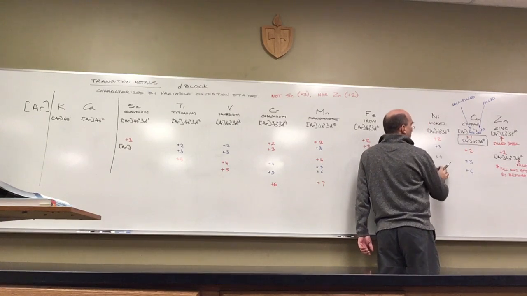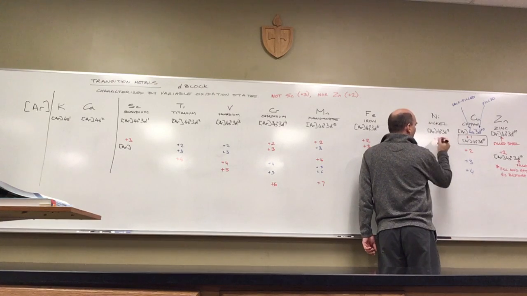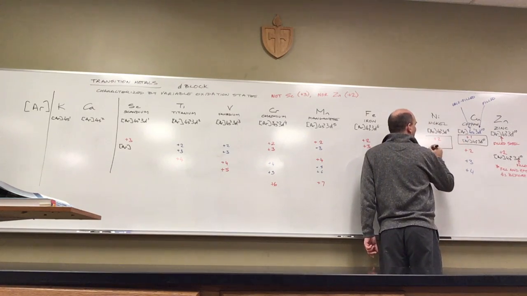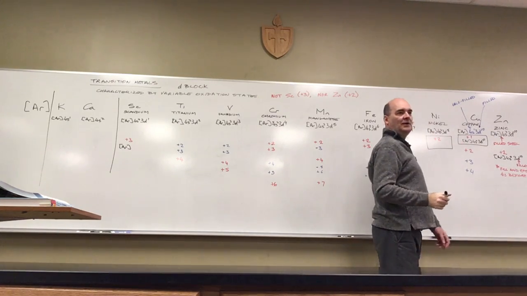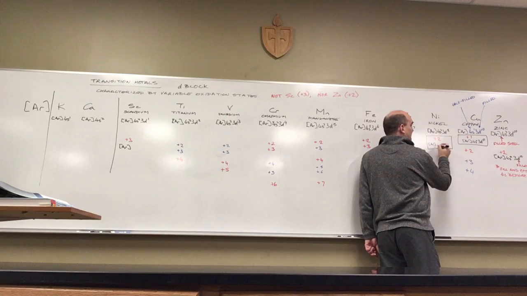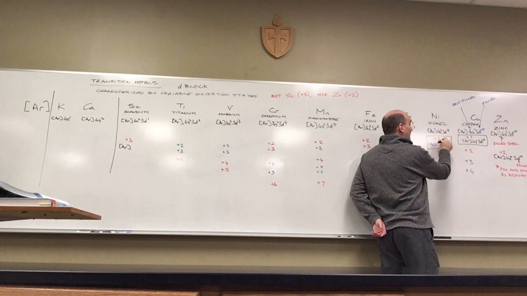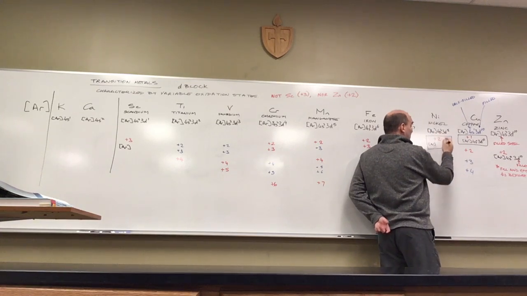Nickel. Nickel is going to be +2 predominantly. What's its electron configuration? Nickel 2+: 4s0 3d8.